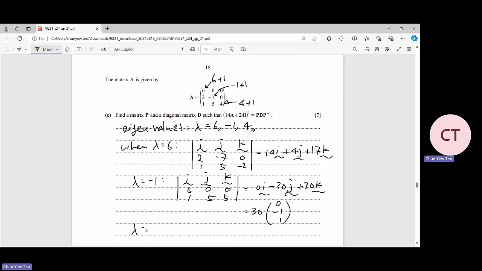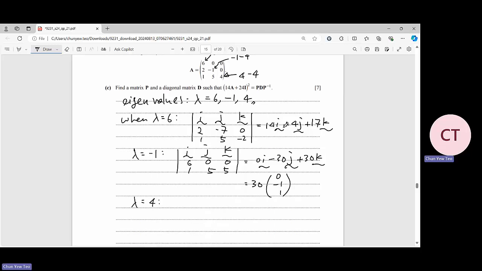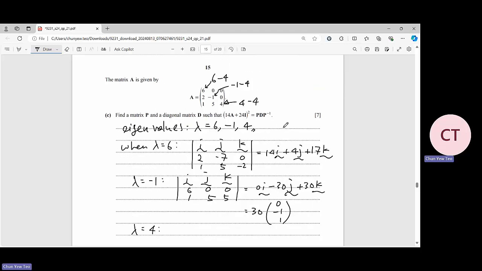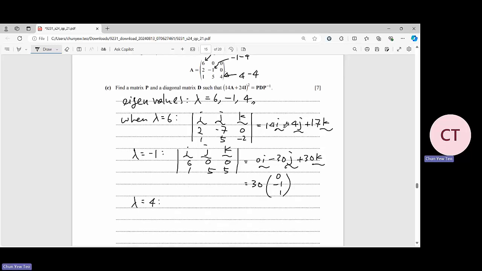Then when lambda is equal to 4, this will become -4, -4, and -4. For this case, you can just pick any two, which is fine. I will just pick the first and the second row.